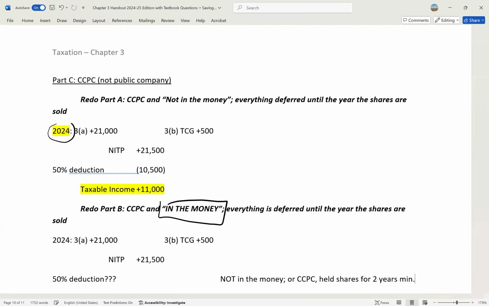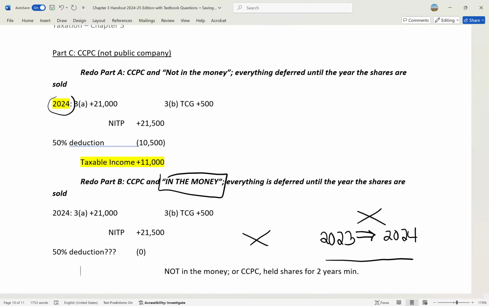So if we think about this example here, she bought the shares in 2023, and then she sold them in 2024. So did not meet the 2-year minimum. And also the option was granted in the money, so did not meet this condition. And there's an or statement also, and did not meet this condition. So they do not get any deduction. So then the taxable income would have increased also by 21.5.